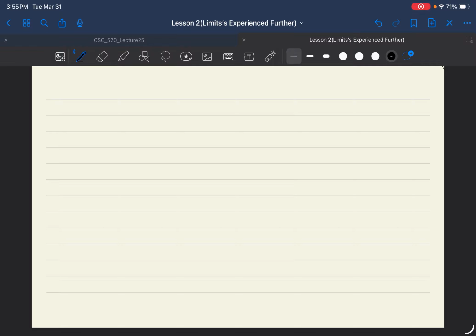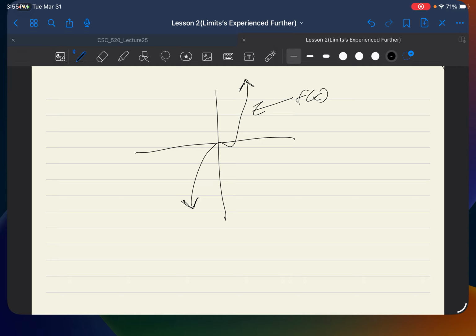So the first thing is limits as x approaches infinity. Take this graph. We're going to call this f of x for all intents and purposes. Notice these arrows. These arrows are basically going to tell us the end behavior.